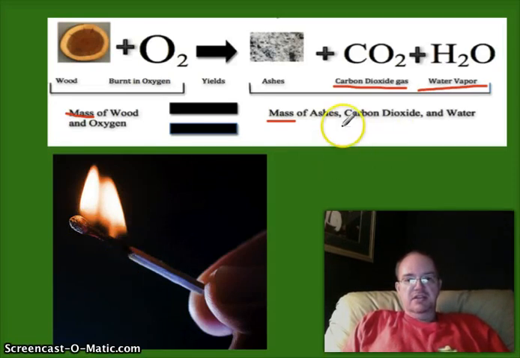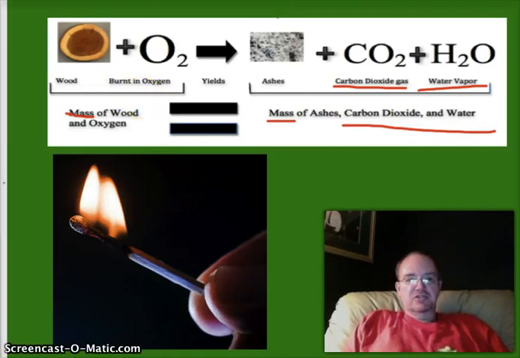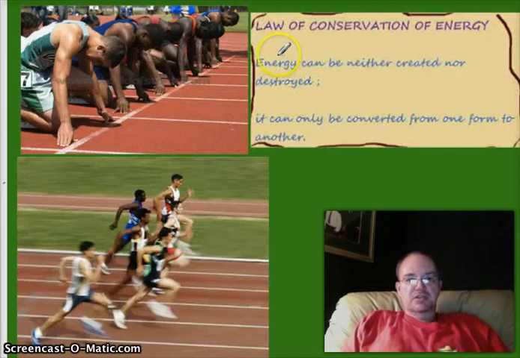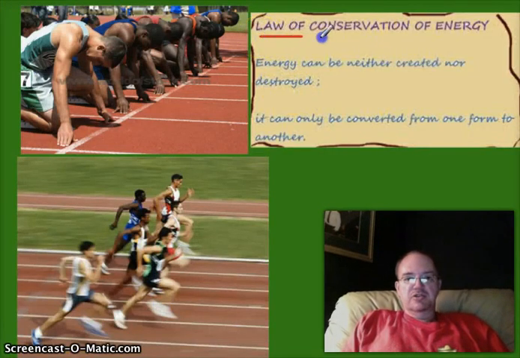But you also have this stuff which goes out into the air, the water vapor and the carbon dioxide, which equals that same amount. So mass is not created or destroyed. Mass just shifts forms. And that's going to sound similar to the law of conservation of energy.